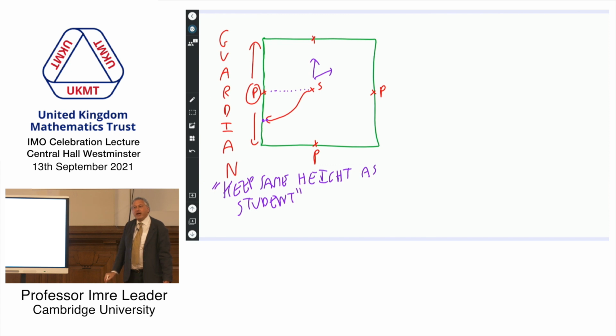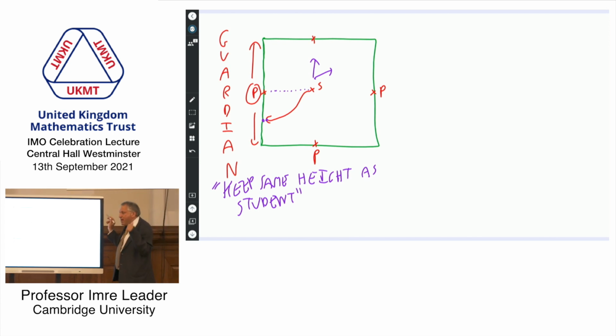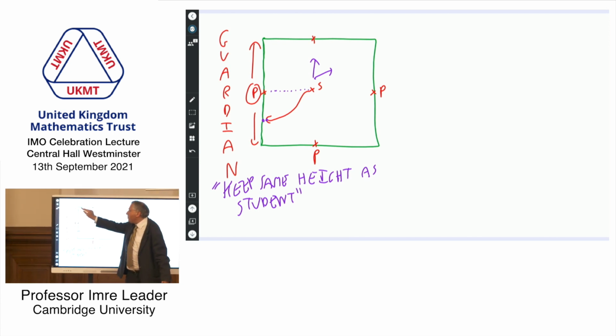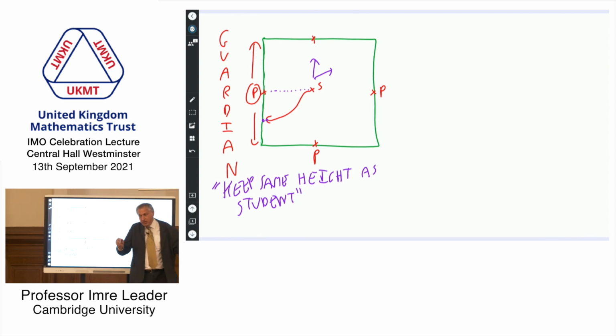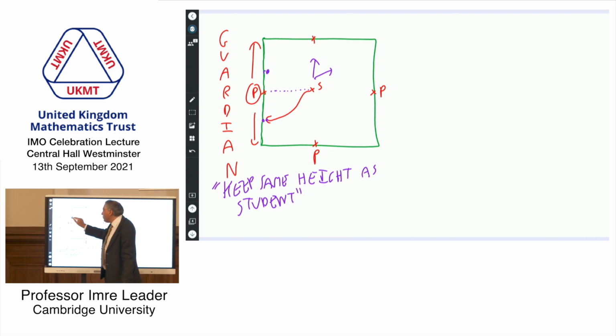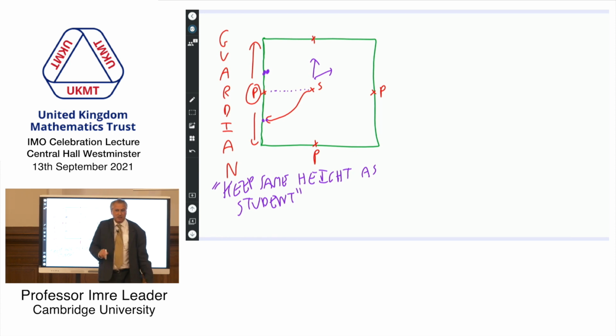And what's the result of that? Do you agree that maybe the student wins, maybe he doesn't, but the student never wins by stepping off the lawn on this left-hand line? Right? Because at the instant when the student stepped onto the left-hand line, this porter was exactly at the same place, which is a win.